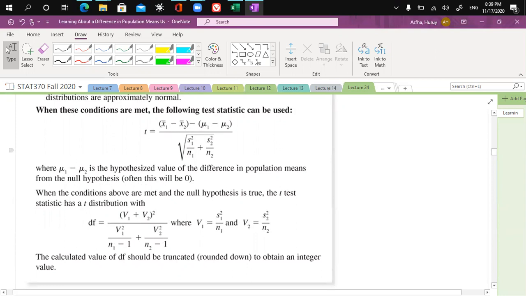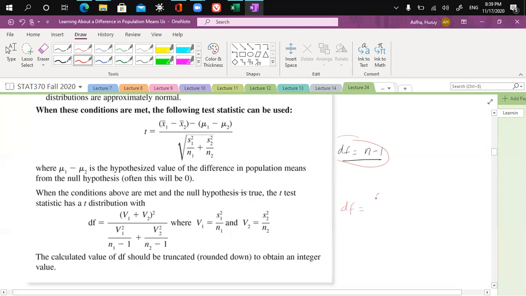For one sample t-test or for paired t-test, if you remember, the degrees of freedom was just n minus 1, right? It was n minus 1. But now it's more complicated. So the degrees of freedom is given by v1 plus v2 squared.